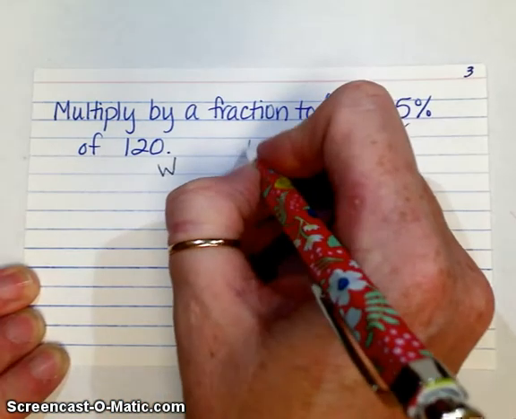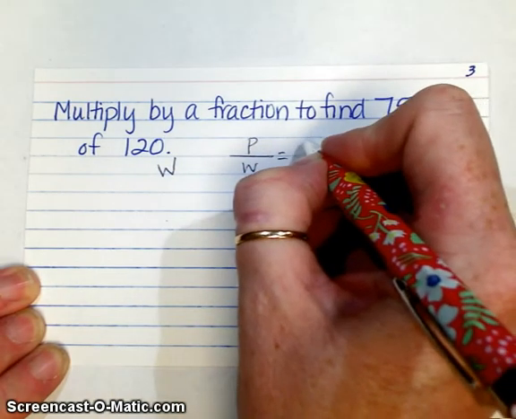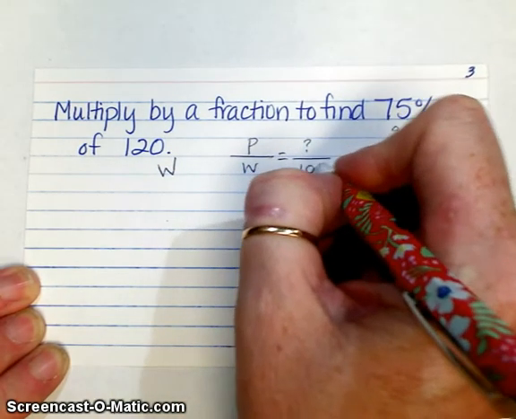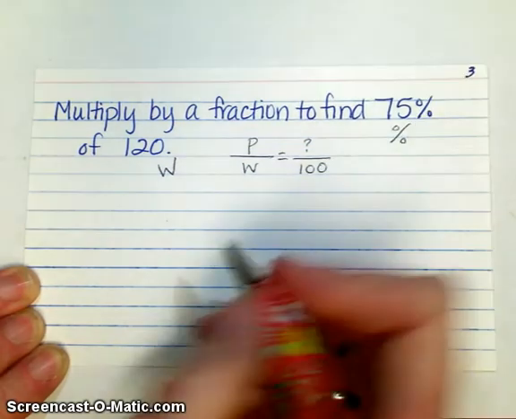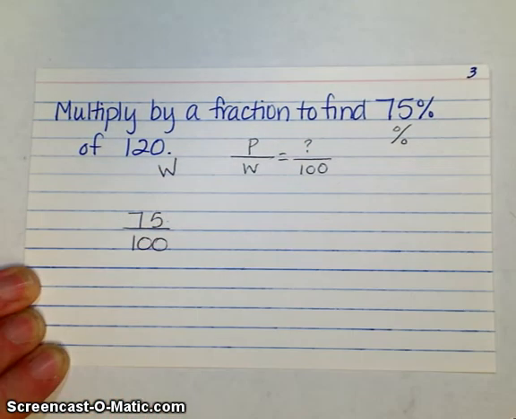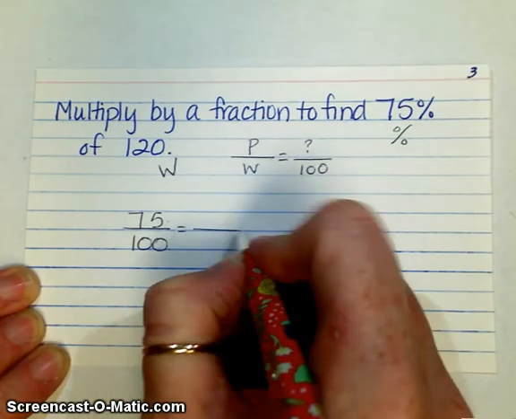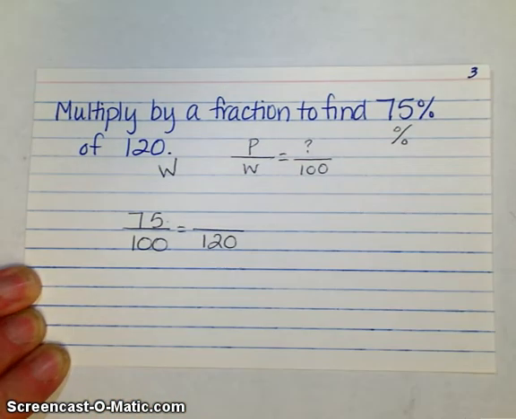Remember, we're always going to use part over a whole equals some number over 100. So let's fill this out. 75% is going to be written like that. And then I want it to be equal to something with my whole number being 120.